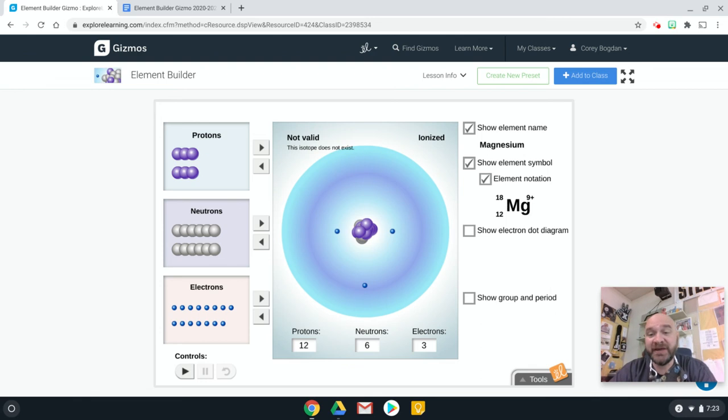We need this to be Mg25. I can't add protons because that would change my element, and it needs to be magnesium, Mg. What can I add to make sure that this 18 now becomes a 25? So you make your screen be Mg25, and then you can answer how many neutrons there are going to be.